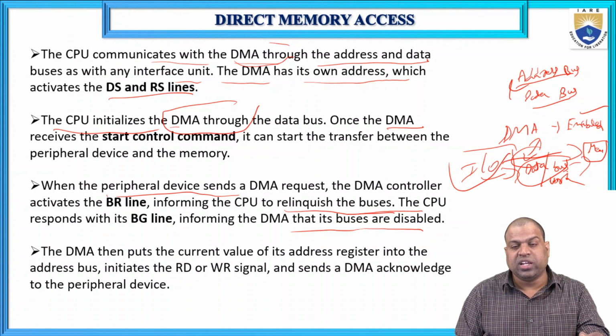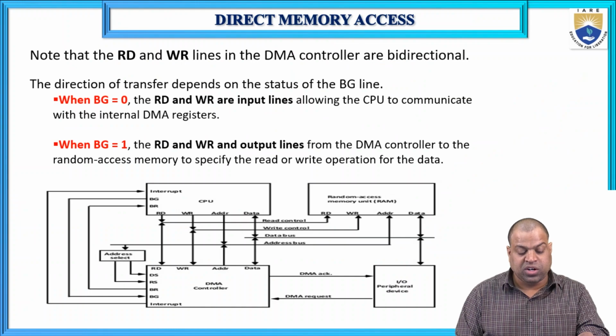When the CPU is enabled, all the buses should be enabled through bus grant and bus request. The DMA puts the current value of its address register onto the address bus, initiates the read or write signal, and sends a DMA acknowledgement to the peripheral devices.